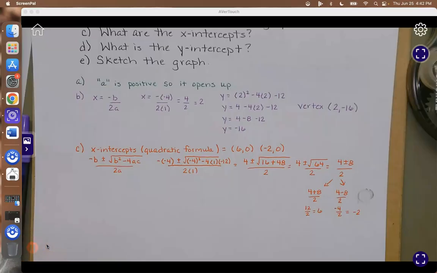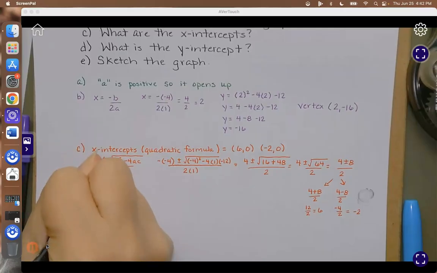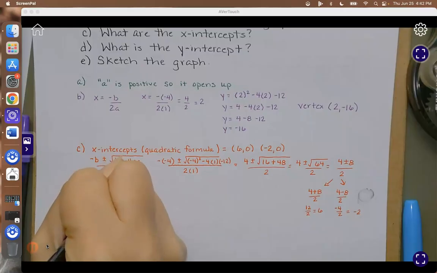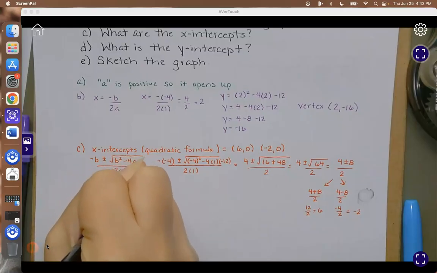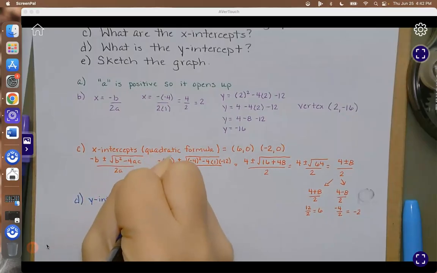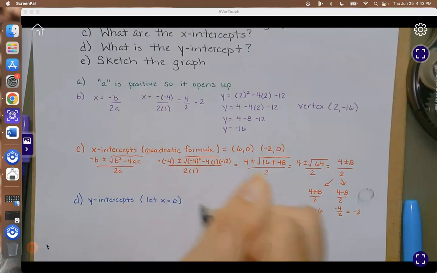Now, D, what's your y-intercepts? So for y-intercepts, remember, we let the x equal 0.